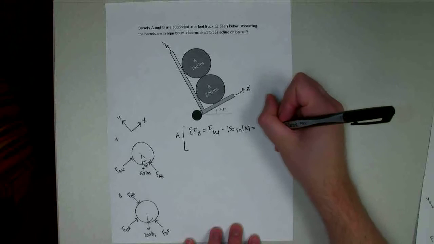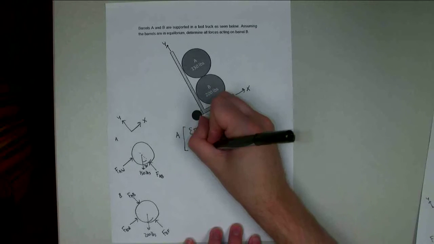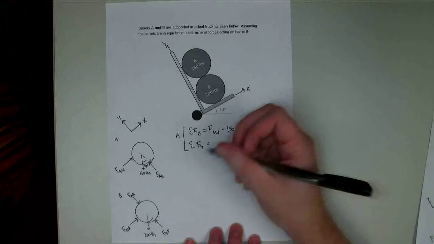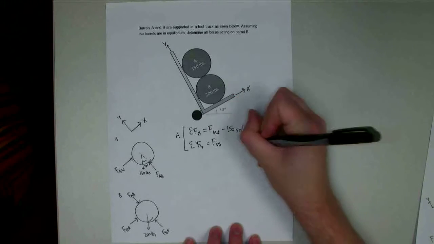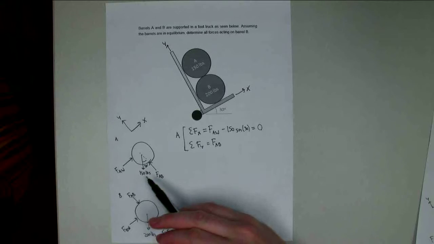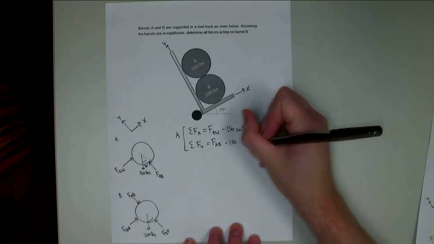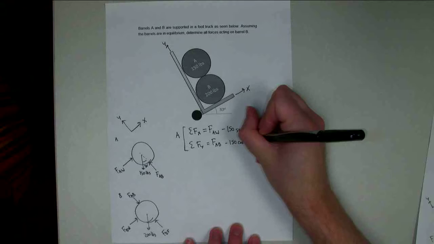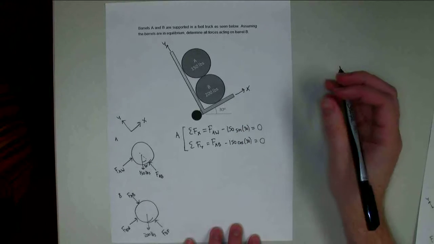And sum of forces in the X is going to be equal to 0. If I do sum of forces in the Y, I have FAB in the Y direction, and then this 150-pound force, the y component, is going to be 150 times the cosine of 30 degrees. That's going to be equal to 0.